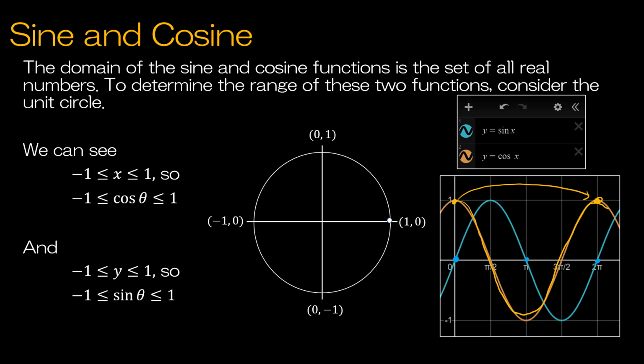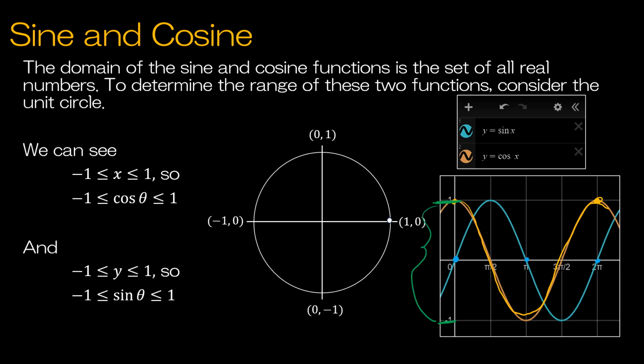So it again is periodic. I want you to notice on the graph that the highest the sine function and cosine gets is 1, and the lowest is -1. This is the range of those functions.